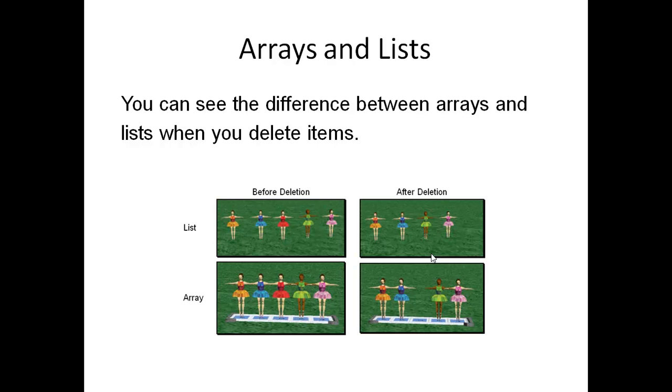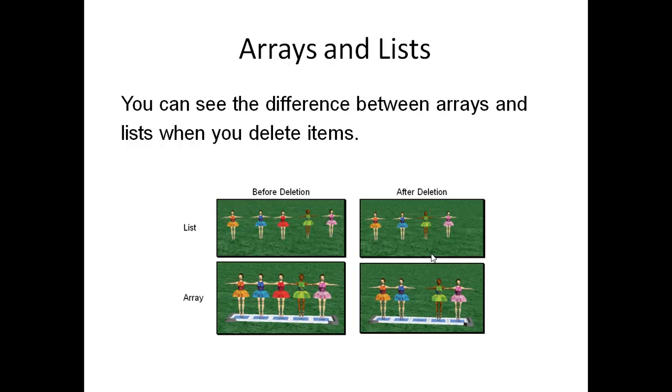Before deletion, 5 dancers are there, and after deletion, we are removing the middle dancer, and what you are finding is that they are minimizing the gap between the dancers after deletion. So they are having compact positions after deleting the middle dancer from the list.